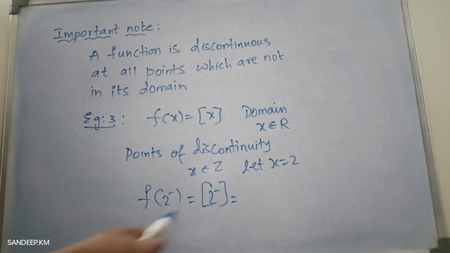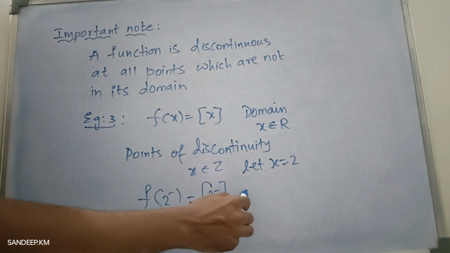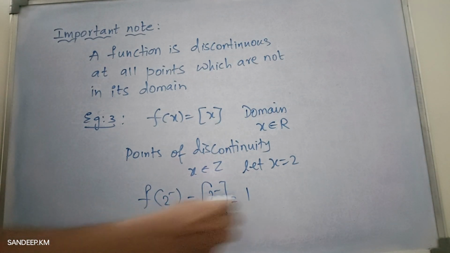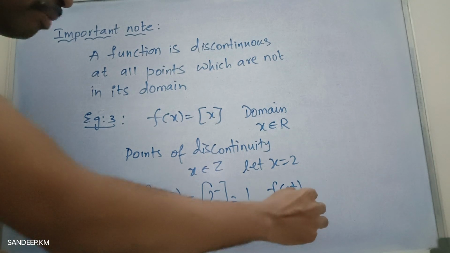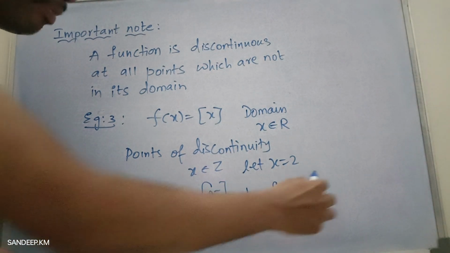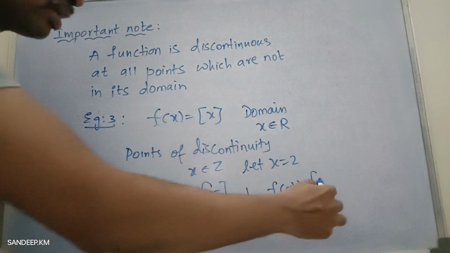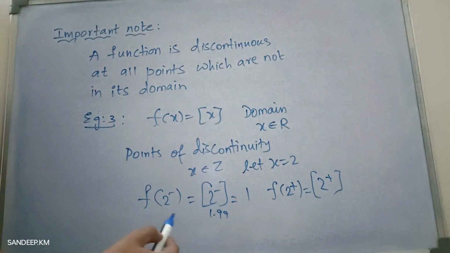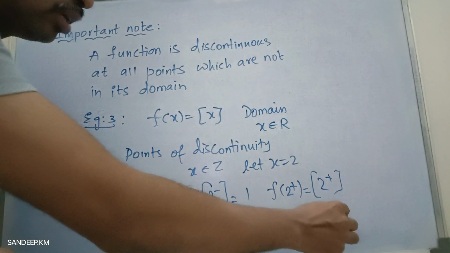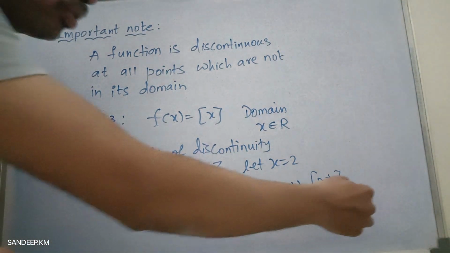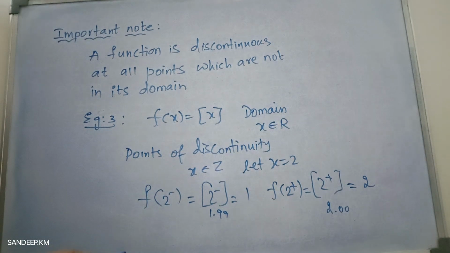We all know that 2 minus means 1.99 something, and step of 1.99 something is 1. And what is its right hand limit? f of 2 plus means step of 2 plus, which is 2.00 something. Step of 2 plus is 2. Observe that the left hand limit is not equal to the right hand limit. The function is not continuous. Correct or not?